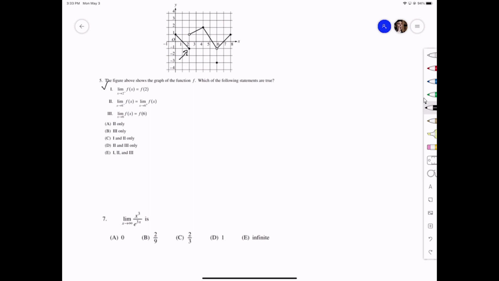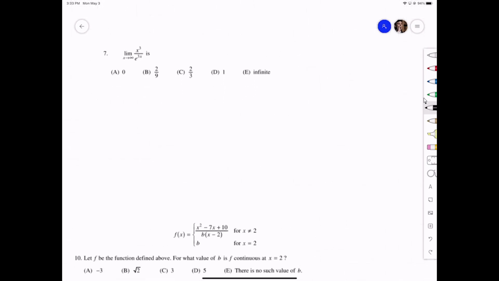From the left, it approaches negative 1. From the right, it approaches negative 1. That's true. The limit as x approaches 6 of f of x is equal to f of 6. That is not true because f of 6 is negative 3 and the limit is negative 1. So it's 1 and 2 only.